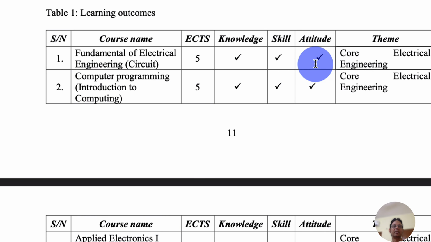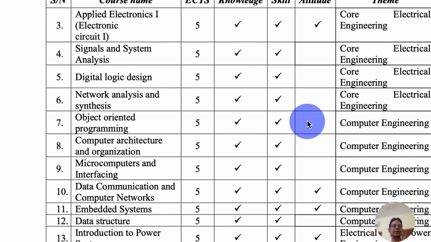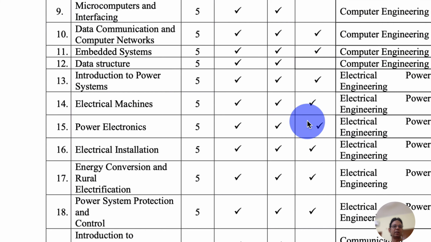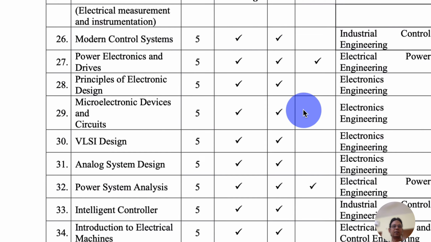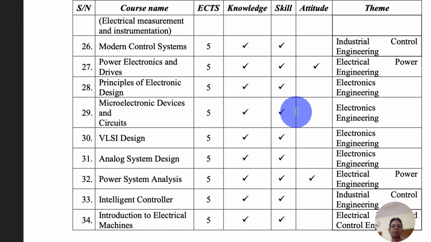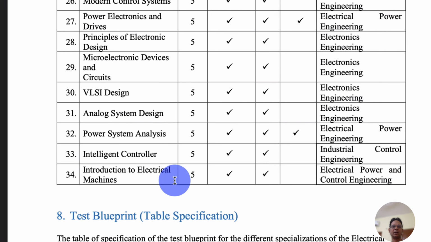Skills means computational skills, problem solving skills, and mathematical design skills about circuits, and attitude means an electrical engineering background. Similarly, for all subjects, the skills it covers are highlighted with a tick mark. All subjects are given here for all branches as listed.